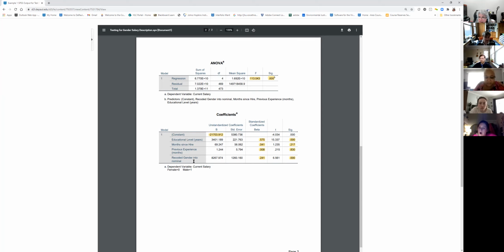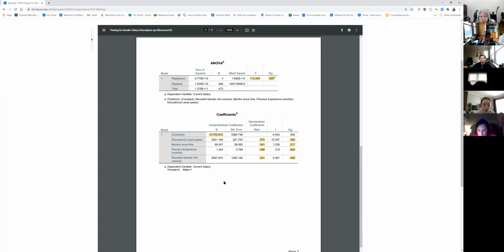There is a statistically significant relationship between men and women and their wage regarding this model. Now, that doesn't say anything more, right? It tells me the control has an impact, but it doesn't tell me which gender is getting paid more. So this particular interpretation of the statistical significance just says overall the control has an impact.